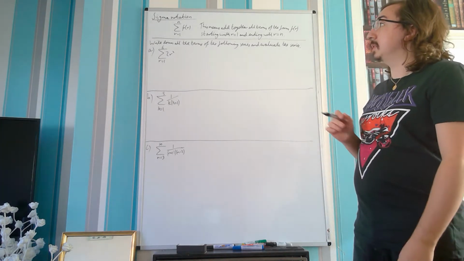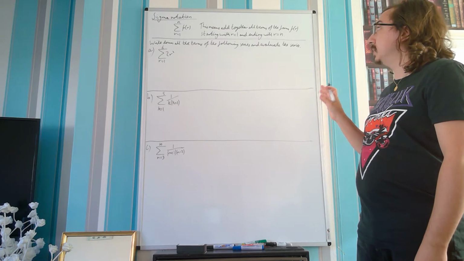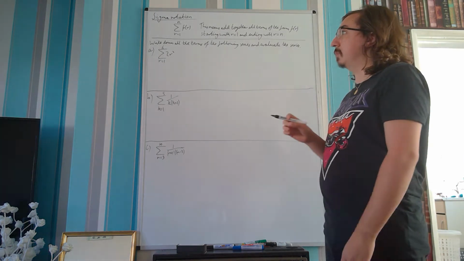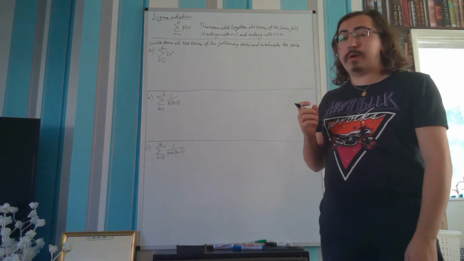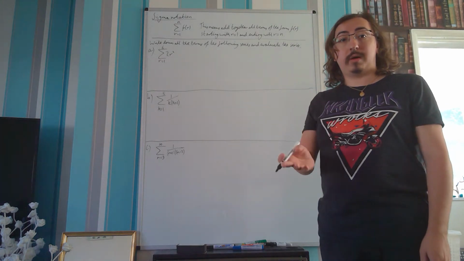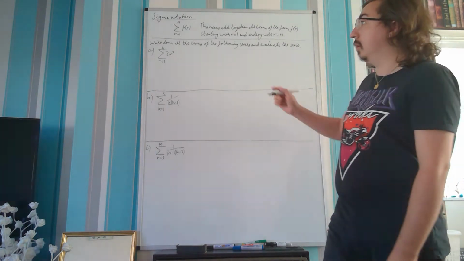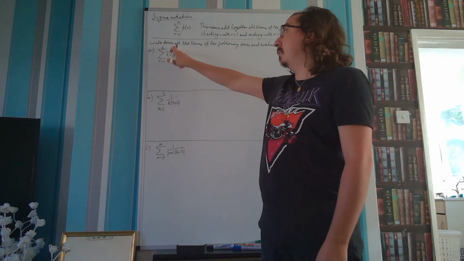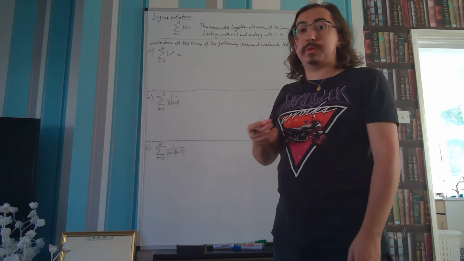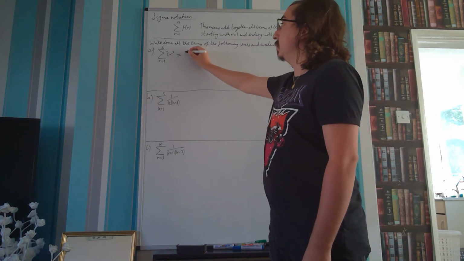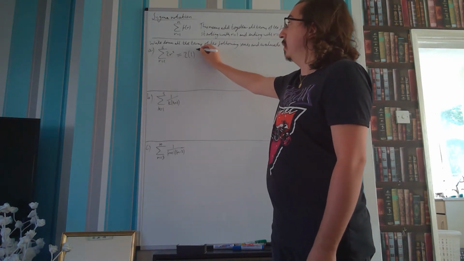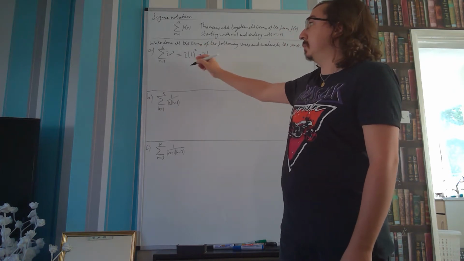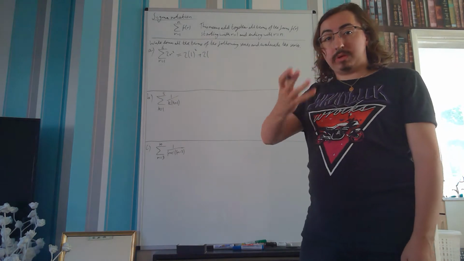In part A, it says write down all the terms of the following series and evaluate the series. So we've got sigma of 2r squared, where r is equal to 1, up to r is equal to 6. First of all, we've got our function 2r squared, and we're substituting in r is equal to 1. So we have 2 times 1 squared plus 2 times our next r value, which is 2.